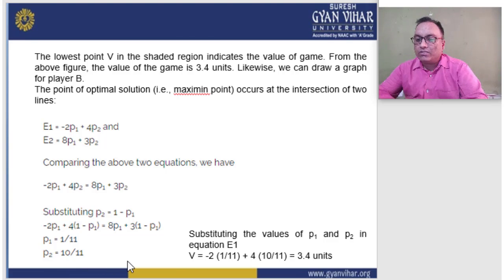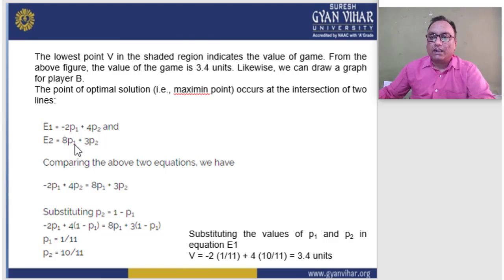And substituting the values of P1 and P2 in equation E1 or E2, you can put any equation. This depends on your choice, right? Now find the value of the game here.